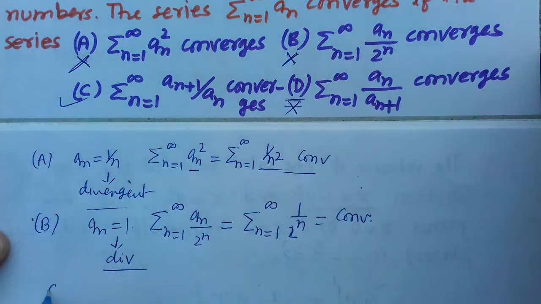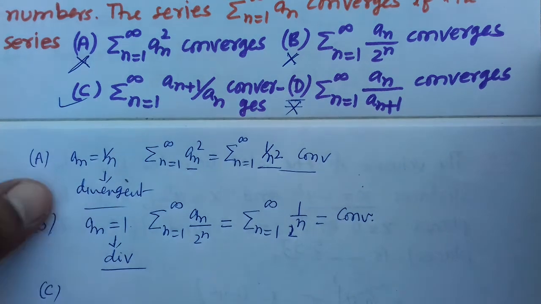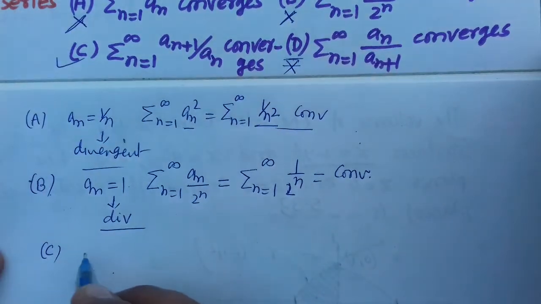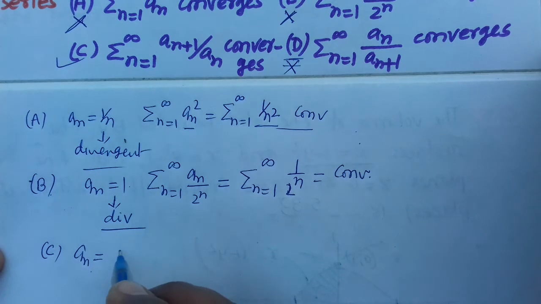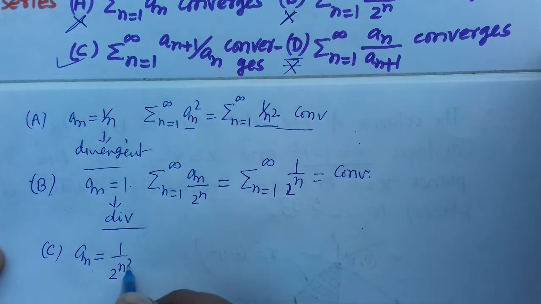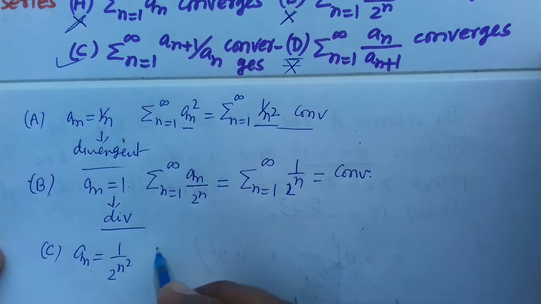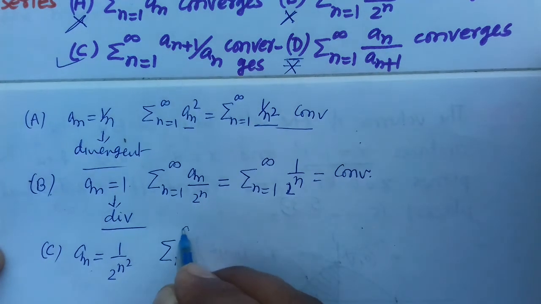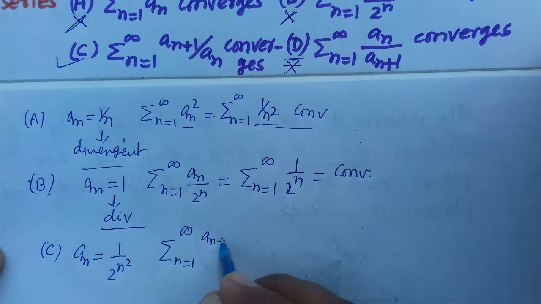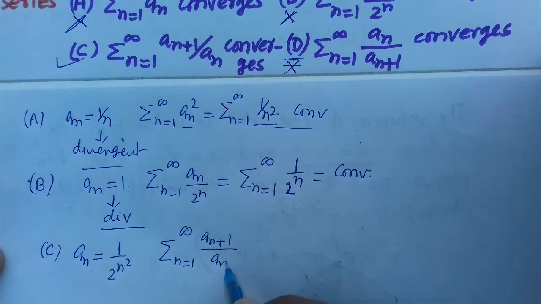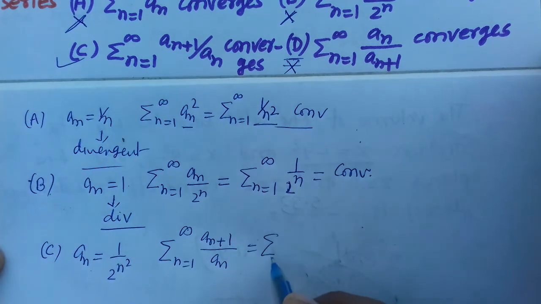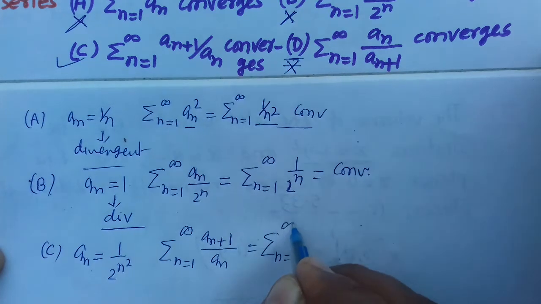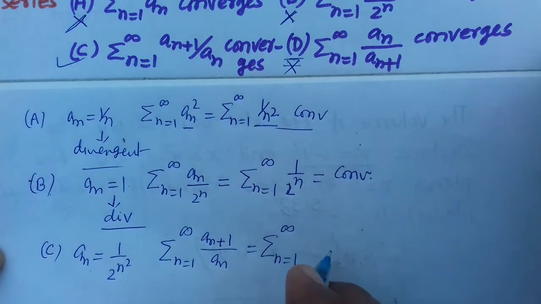Now for C, we take a_n equals 1 by 2 to the power n squared. So this sequence a_(n+1) by a_n will be the sum from n equals 1 to infinity.